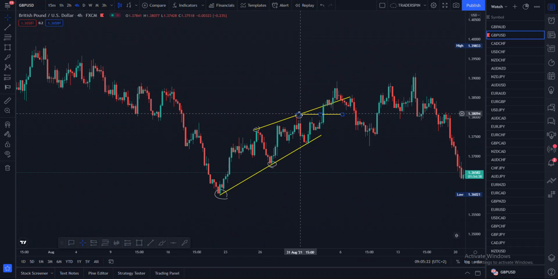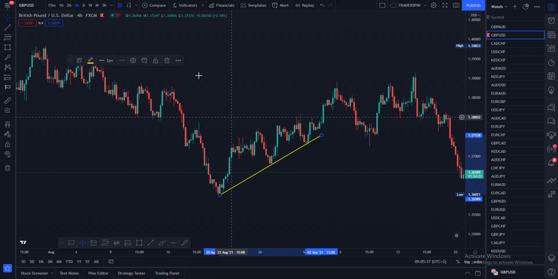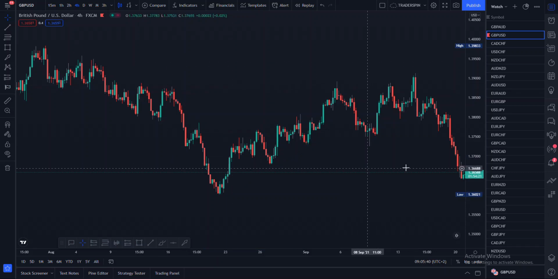This is one of the most... I cannot even explain how accurate this trading style is.